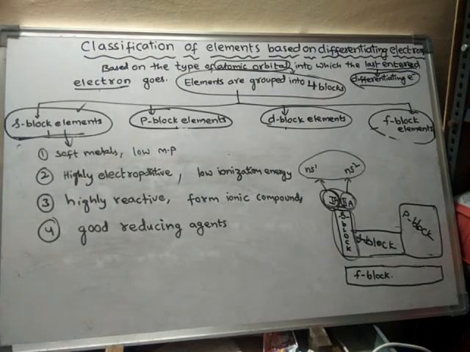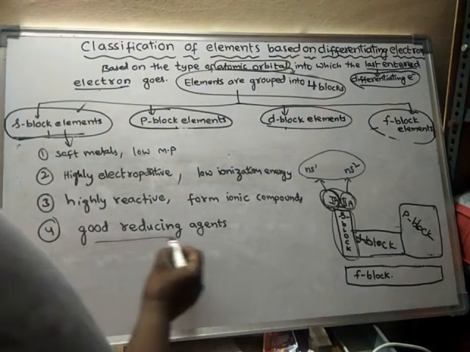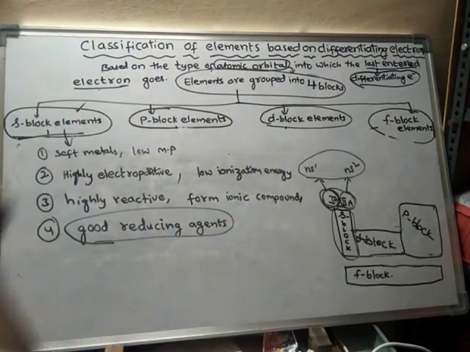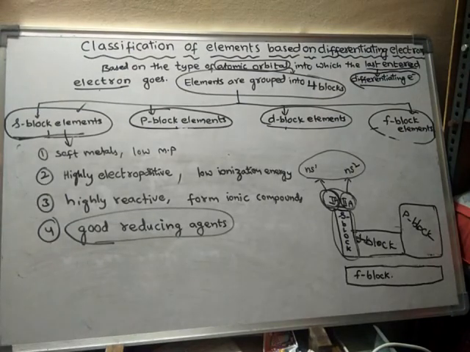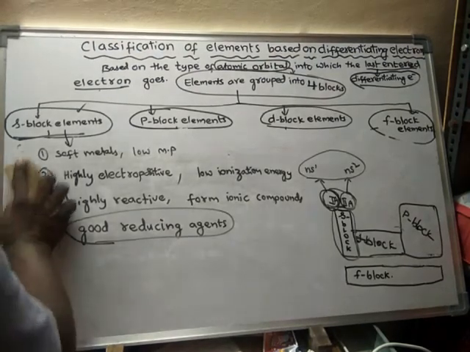The elements which can lose electrons easily are said to be good reducing agents. Hence S block elements are good reducing agents. Like this, the general characteristics of S block elements can be discussed.